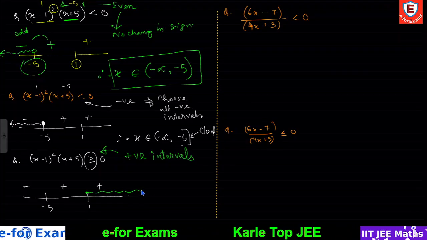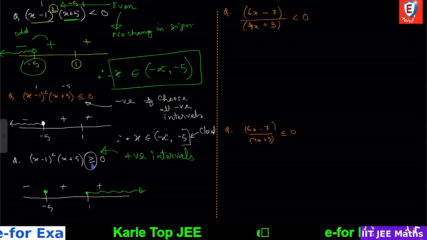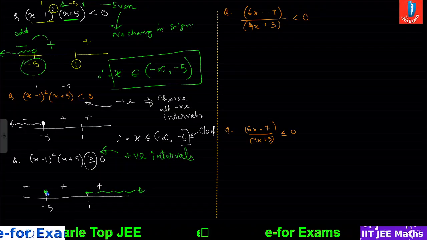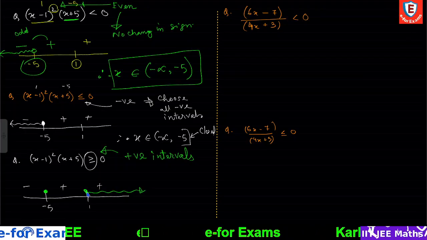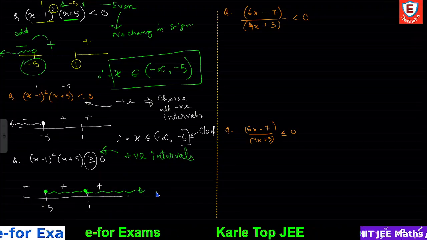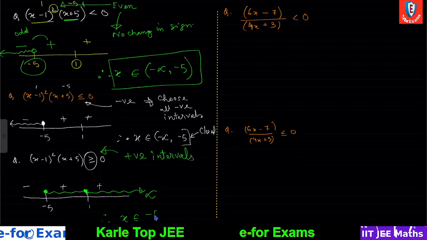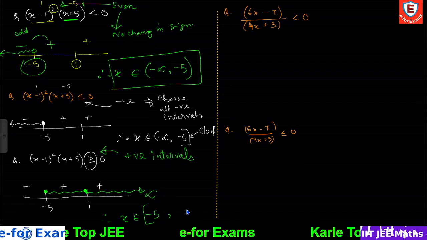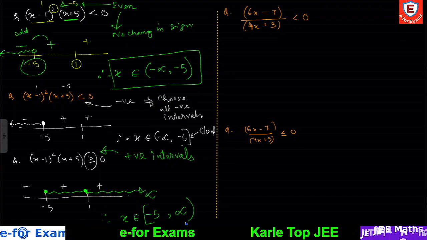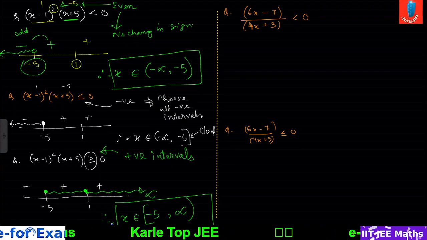Here to this positive interval. Again here, equal to is there, right? So dark circle. Here also dark circle. What does it mean? Minus 5 to infinity. Therefore, x belongs to minus 5 close bracket to infinity. For infinity, always open. This is your solution.